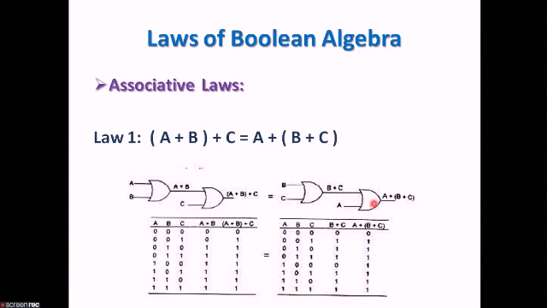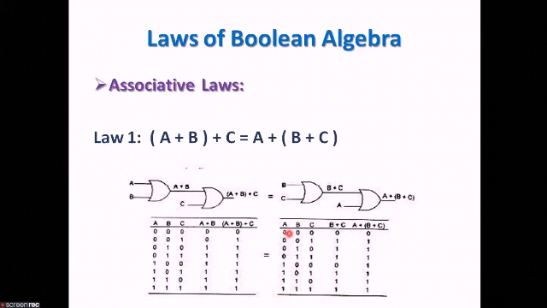The output is A plus (B plus C). Now we will be doing the truth table illustration of this logic diagram. So A, B and C are the three inputs. B plus C is one output, again A plus (B plus C) is the other output, that is, there are two outputs.